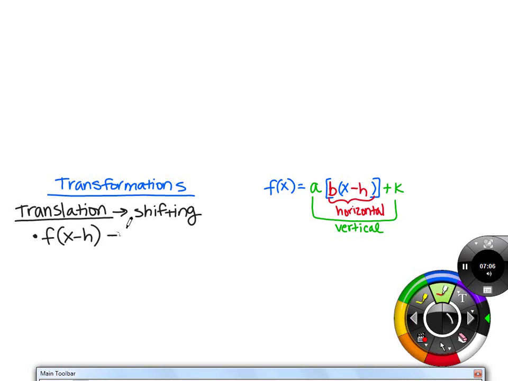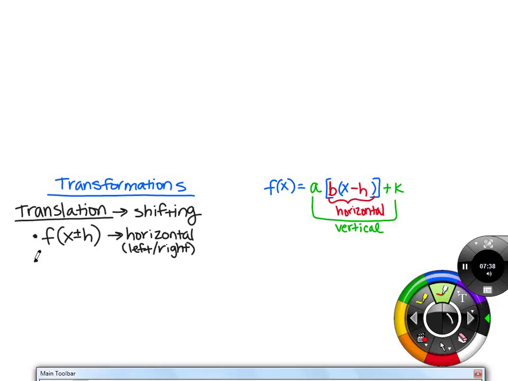And this is causing horizontal shifts, or horizontal translations, which basically means you're moving left and right. And you could see a plus or a minus. I'll just write plus or minus for now. But you guys know how the formula works. It says minus H, so if you see minus 2, the H is actually the positive 2, okay?